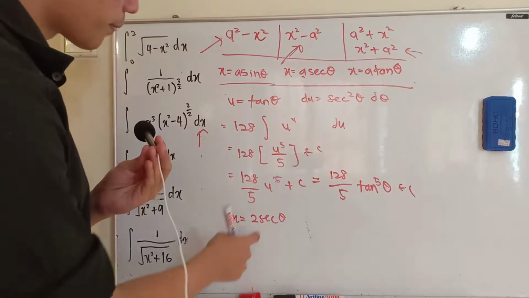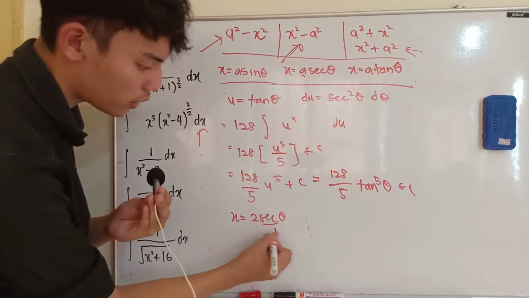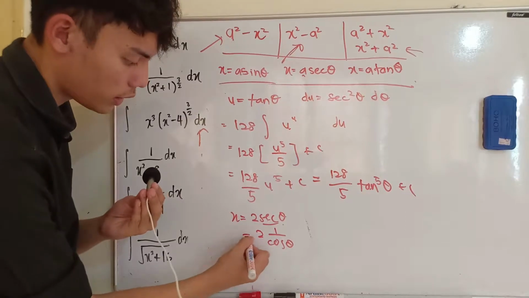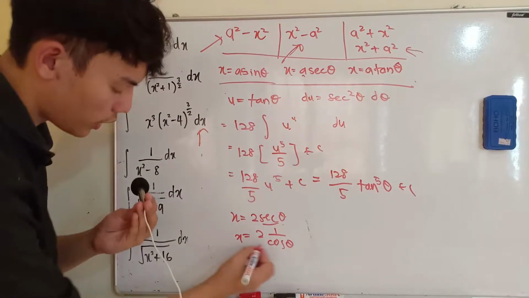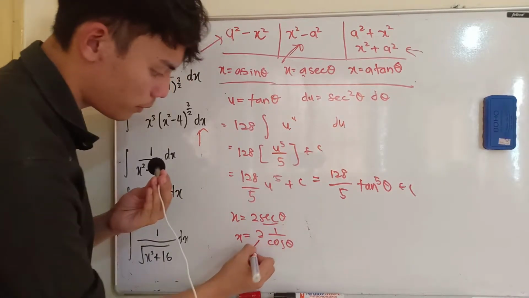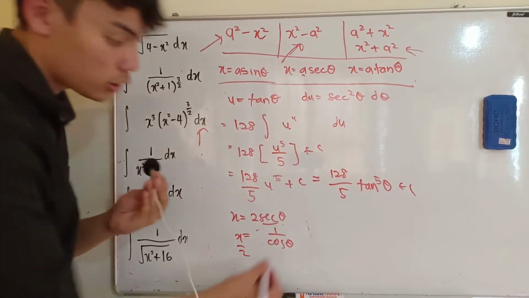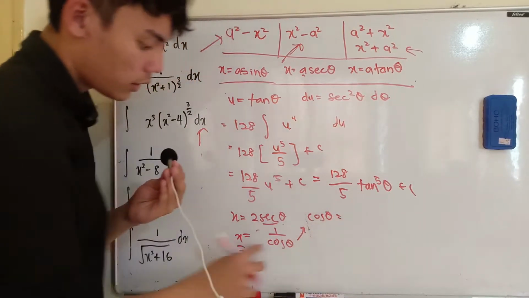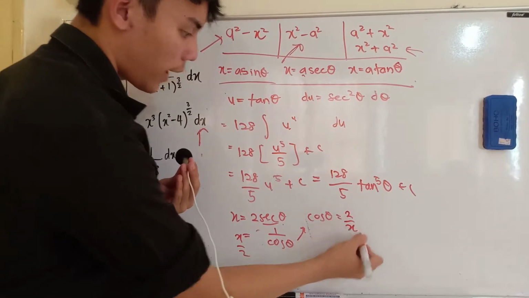As you can see over here, secant is actually 1 over cos theta. So I'm going to bring this 2 down here, so it's going to be 2. Now I want cos on the top, so cos theta. Here I'm going to make it upside down, 2 over x.